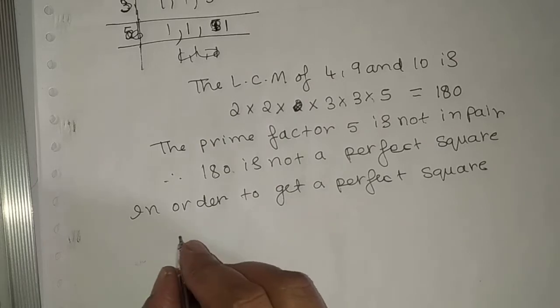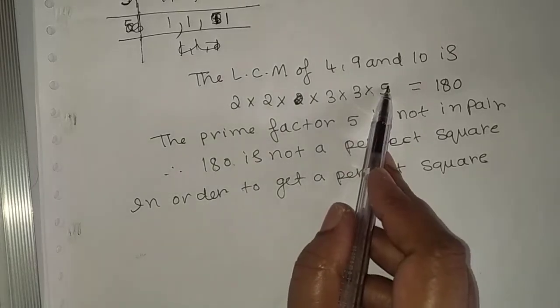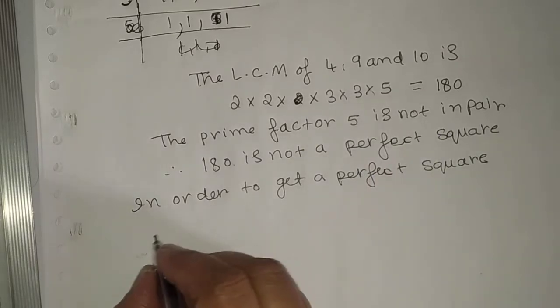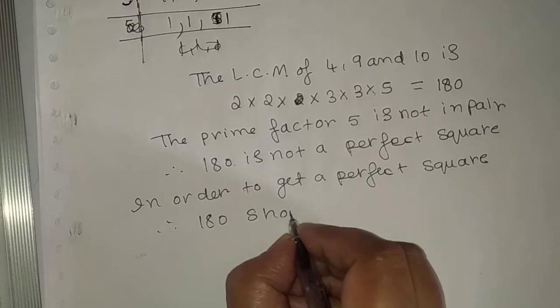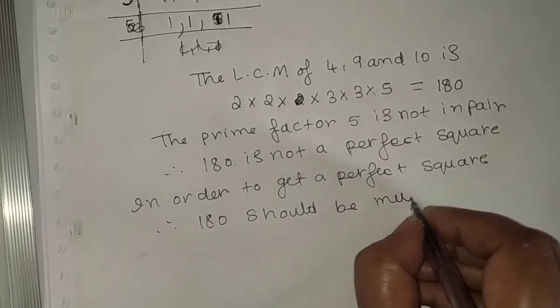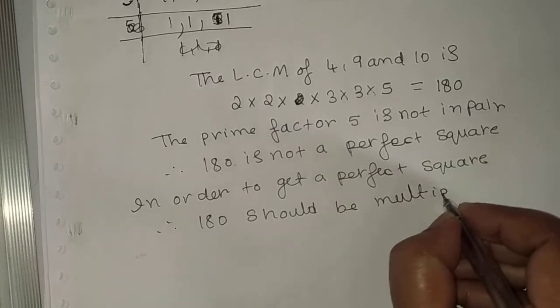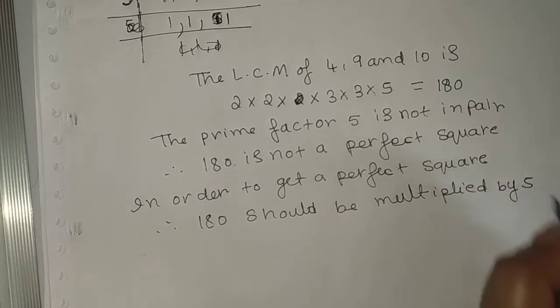So what is the solution? Therefore we have to make 5 a pair. So we write that 180 should be multiplied by 5.